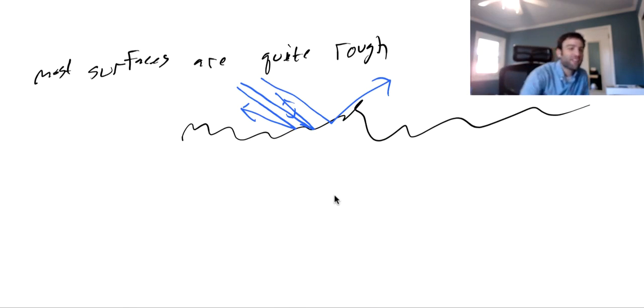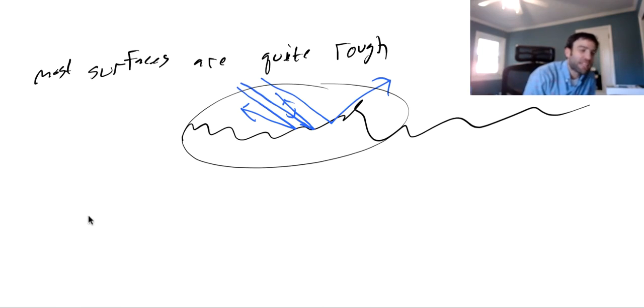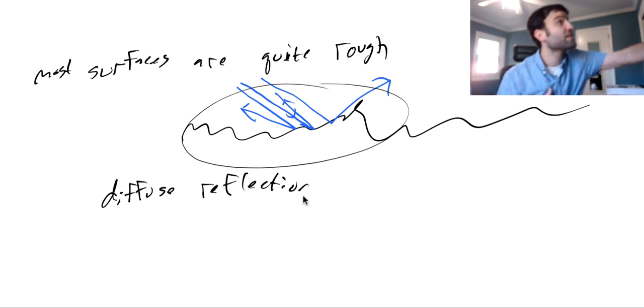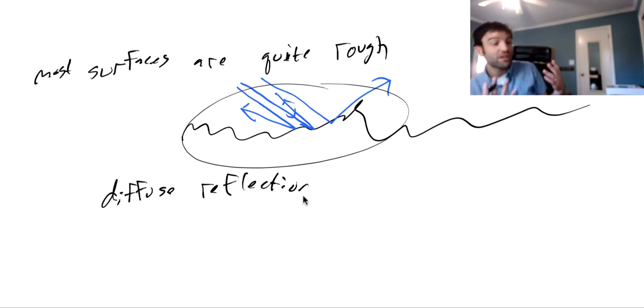Okay. This kind of scattering is called diffuse reflection. The idea is that nearby photons end up being bounced off in all kinds of different directions and end up in different places. And when you have diffuse reflection, you perceive something as light because photons are bouncing off that object and making their way to your eyeball, but you're not able to see reflections of anything.